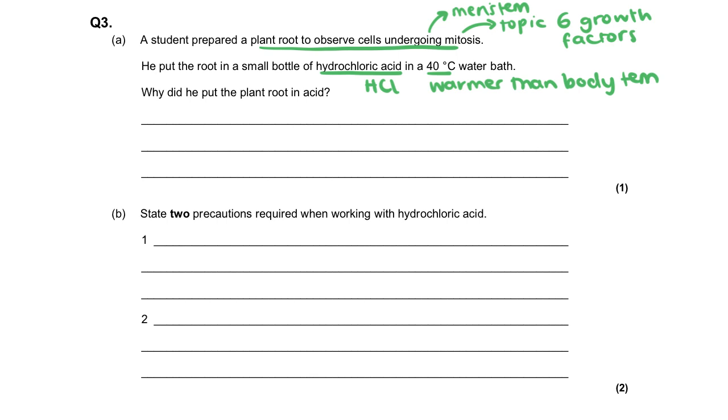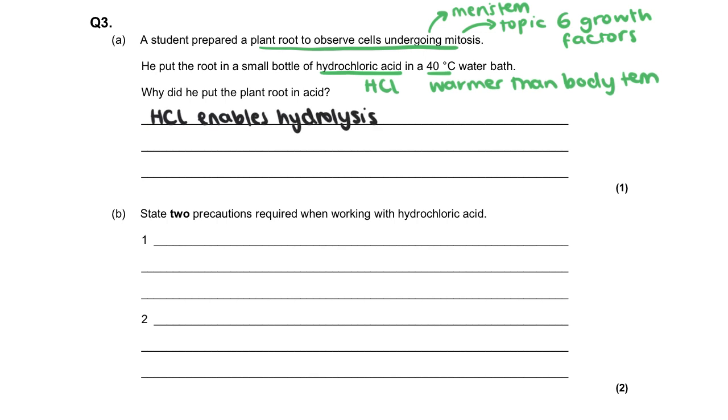And the reason that he's put it in acid is because hydrochloric acid is able to react with the water that is found in solutions, found around cells, found in the cytoplasm. And what it does is it enables hydrolysis.